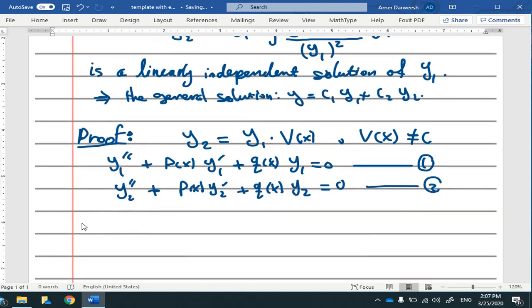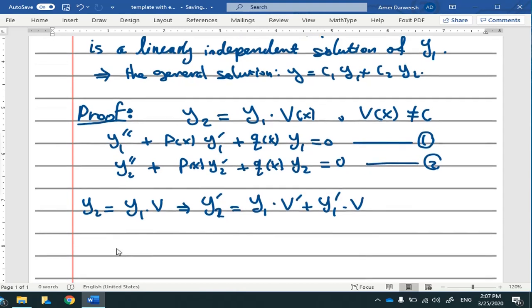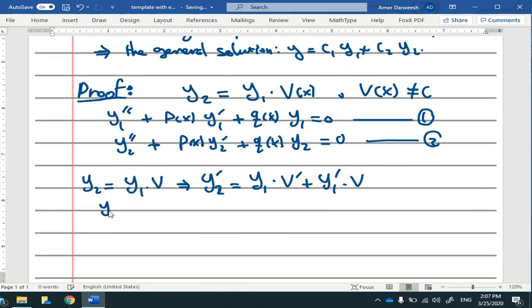But again, y2 is the function y1 times the function v. From here we can find y2 prime by the product rule, which is y1 times v prime plus y1 prime times v. And hence y2 double prime: product rule for both terms.